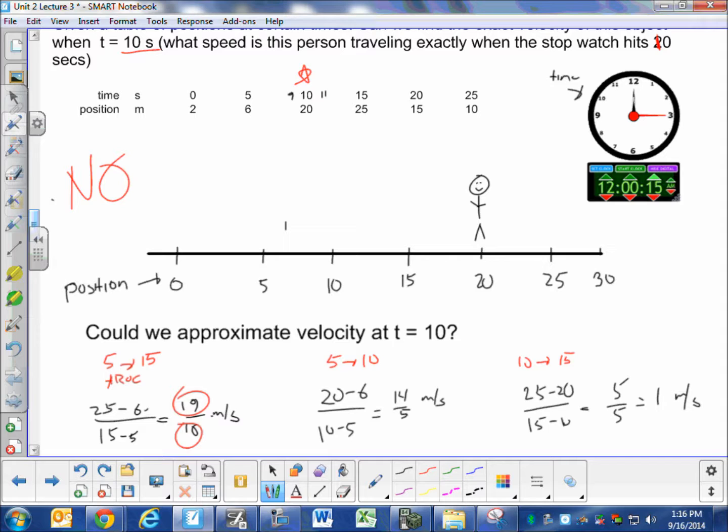What would be better than that? Beautiful. We could think about my position at time 9.99999 and 10.0001, and looking at the average rate of change between those two values would essentially almost be like giving me the exact velocity right at 10 seconds.